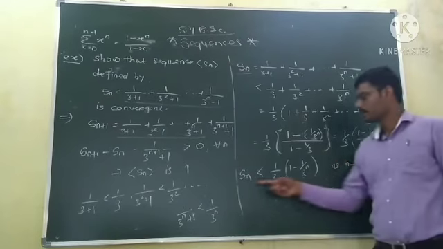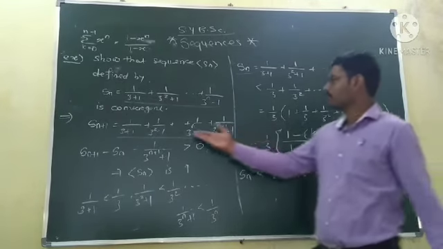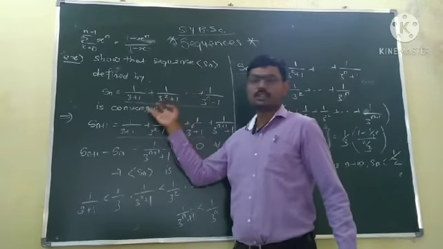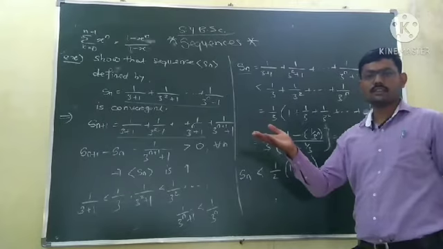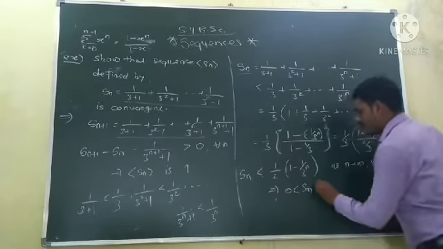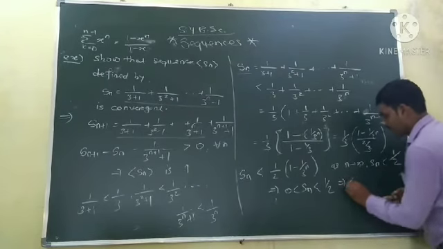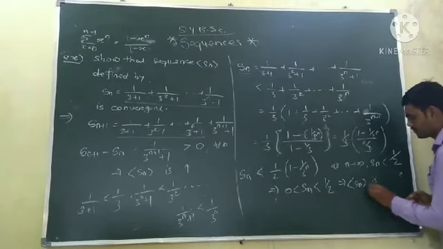Okay, so this implies, as we know each term of the sequence is positive. So each term of the sequence is greater than 0. This implies 0 is less than Sn, and each term of the sequence is less than half. This implies sequence Sn is bounded.